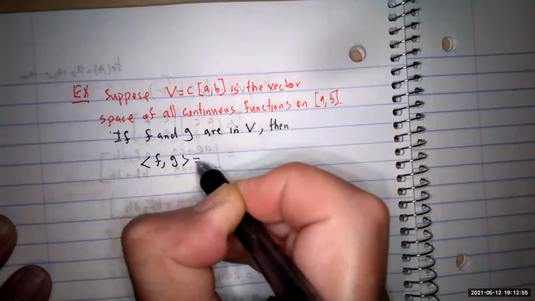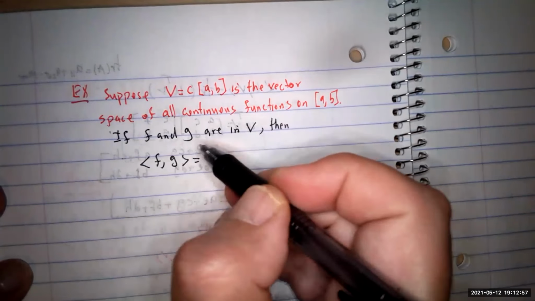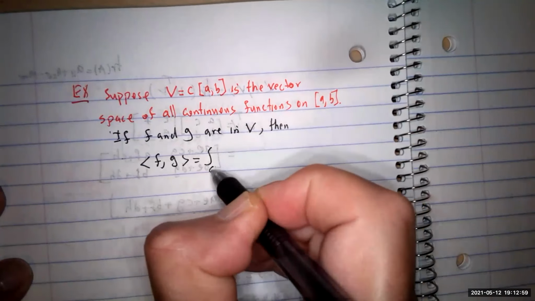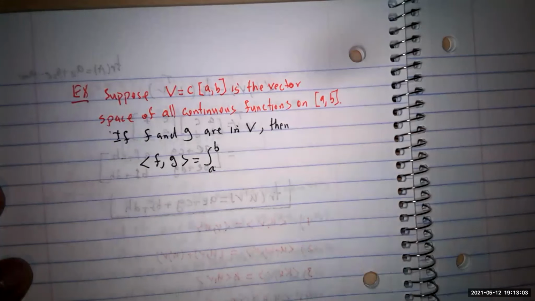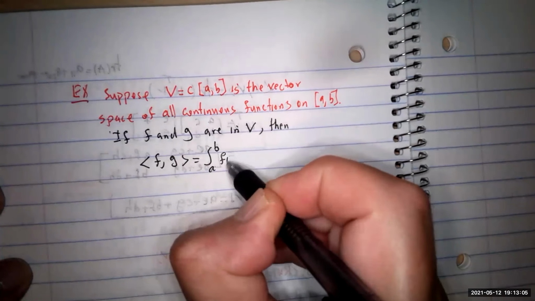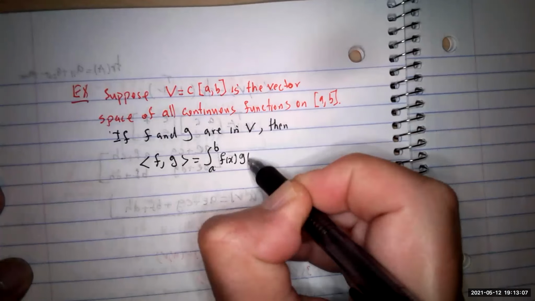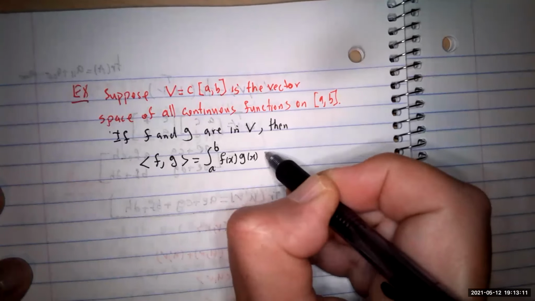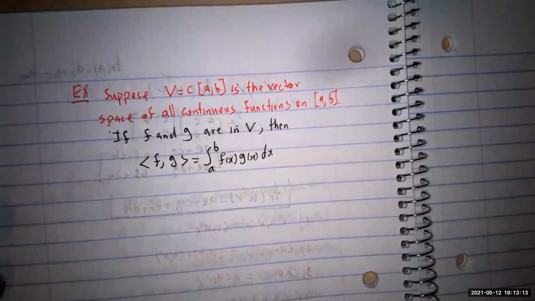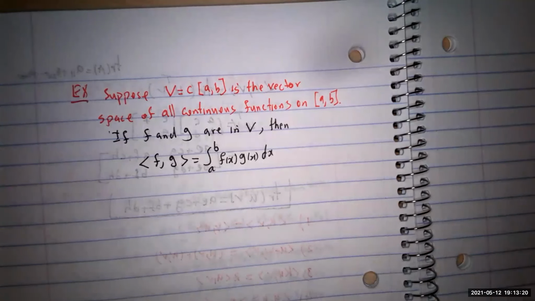You can define it as an integral from a to b of f of x times g of x dx. So we define the product to be the integral of the product.